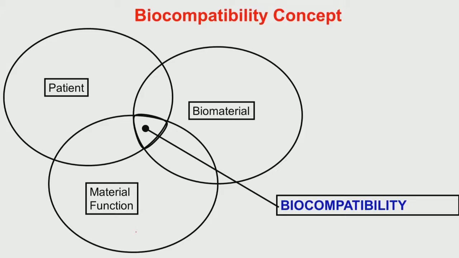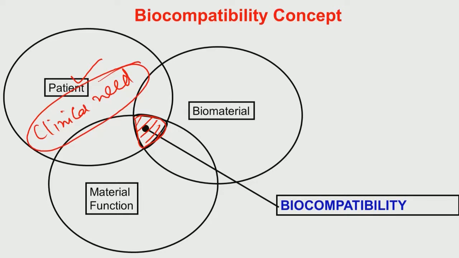So, this is 3 intersecting circles as we can see here, and the common area is this area which I am shading here. One circle essentially says what is the patient specific need or the clinical need, and typically this clinical need is defined by clinicians or medical practitioners. On another side, you have a biomaterial.